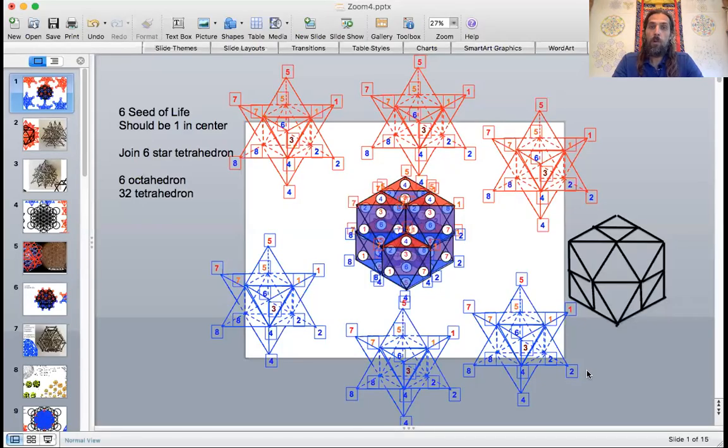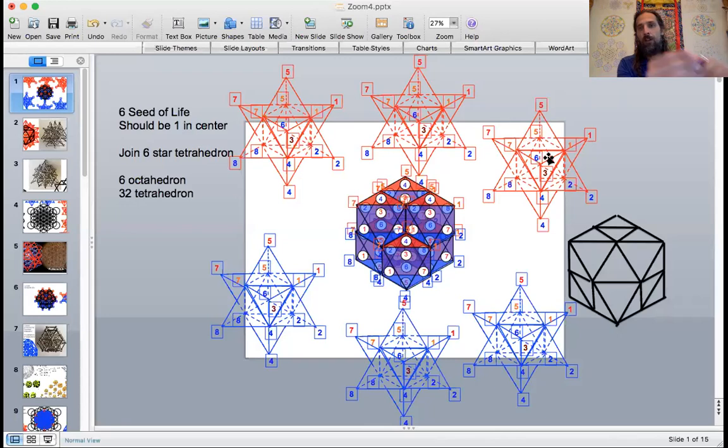Now, I know you're probably getting used to this slide. You've seen it in the other two videos, yet I'm going to start here again, and we're going to move through this pretty quickly. We have these 6 octahedrons in the middle again. Remember, the octahedron is this 8-sided shape, and off of each of those we can build a star tetrahedron.